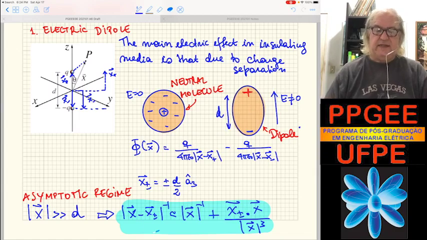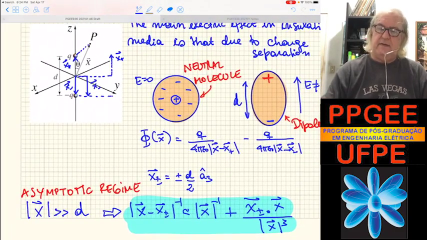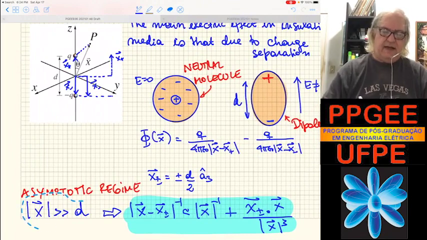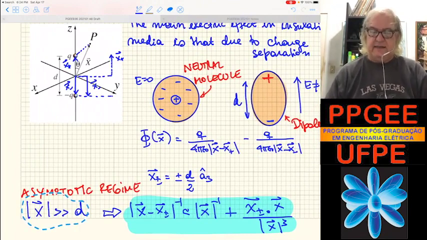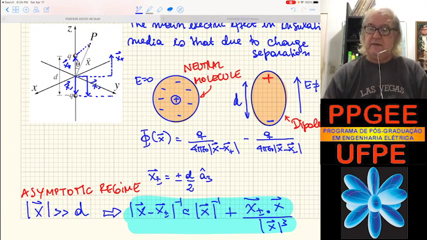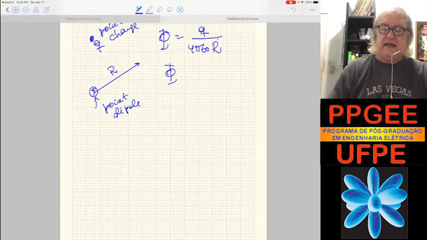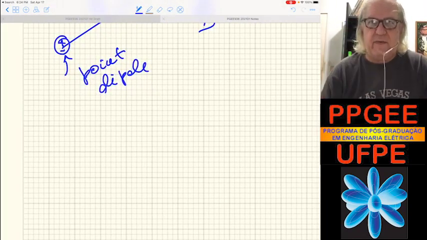So what we're going to do is, with the distance much larger than the separation distance, we can make an approximation. We're going to use that property of the nabla operator.